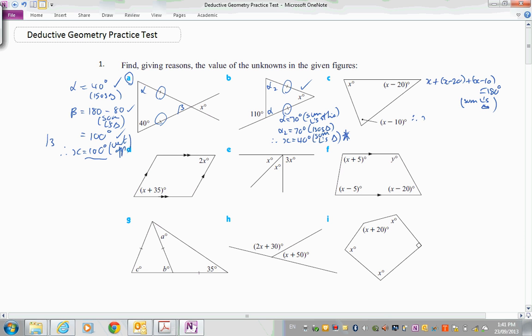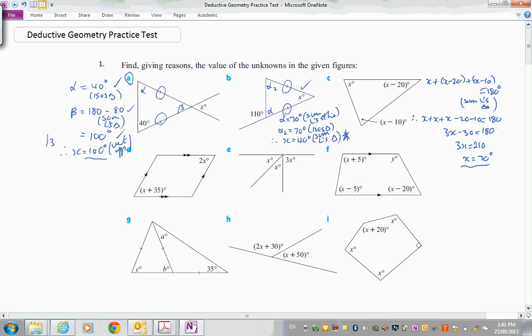Therefore, a little bit of algebra. X plus x plus x, take 20, collecting the x's up, take 10, equals 180, so 3x, take 30 is 180, add 30 to both sides, 3x equals 210, so x is 70 degrees.